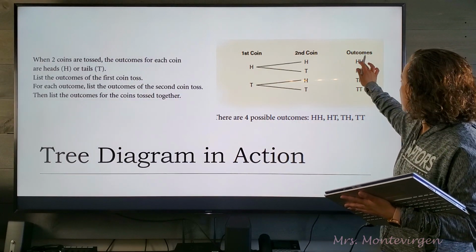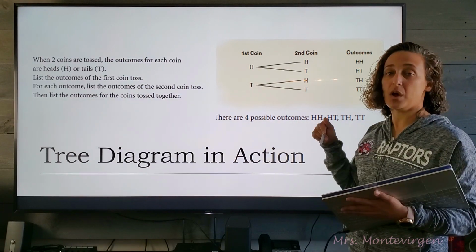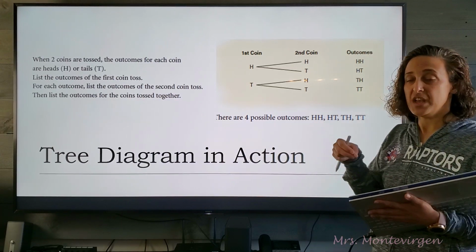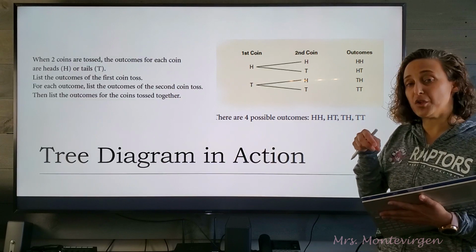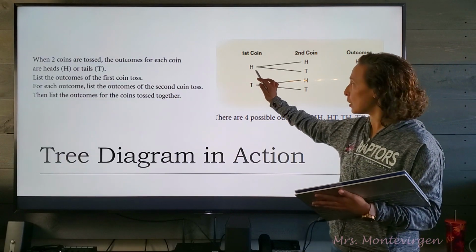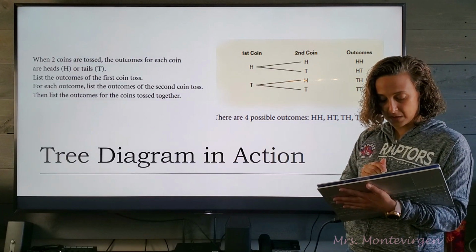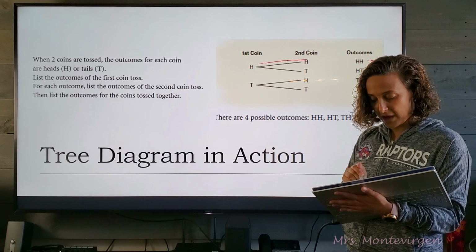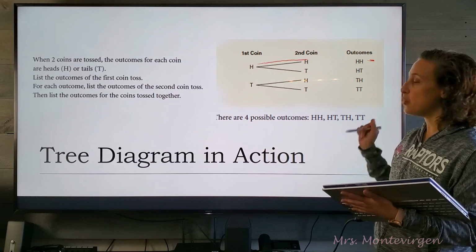Now the next column here says outcomes, and that's where you actually list all the different possibilities, and you follow the tree branches to help you out with this. So for here, I have a heads, you'll see I have a heads and a heads here, and this is where you have this outcome here. So I have 2 H's.